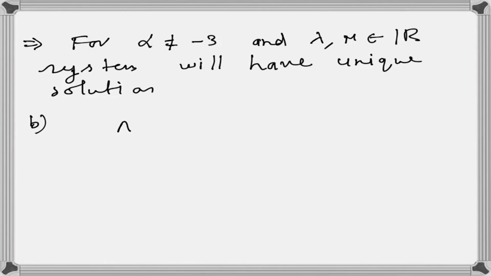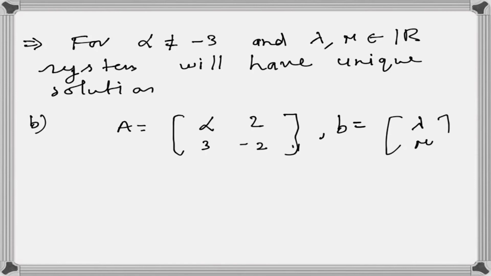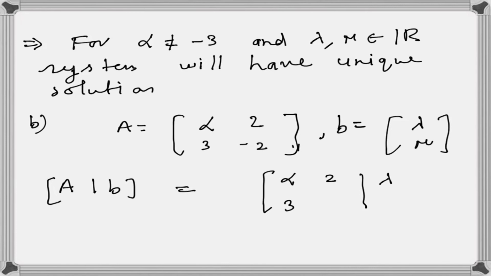So the A matrix is alpha 2, 3 minus 2, B is lambda mu. So we need to derive a condition on alpha, lambda, mu for which the system has infinitely many solutions. So for that, let's consider the augmented matrix: alpha 2, we append this vector b also here, and 3 minus 2. All right.